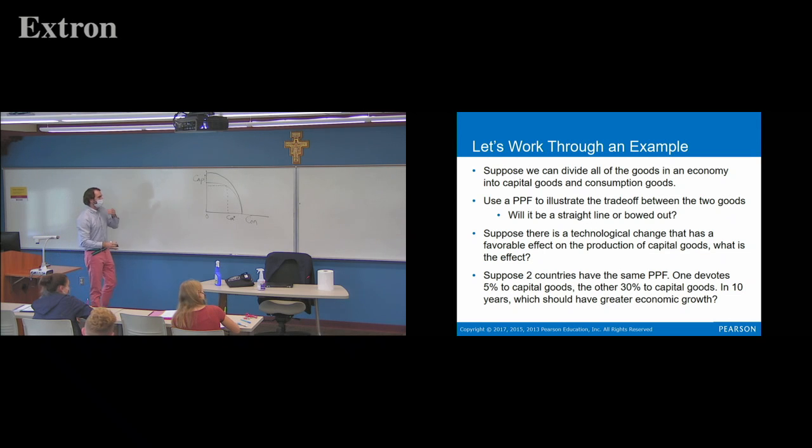So you have some change that affects only one of the two goods. That one that's affected will move, but the other one will stay exactly the same. We can think of an alternate example where instead of a positive technological change, let's say there's a natural disaster or a war that reduces our ability, and let's say just for capital goods for some reason.